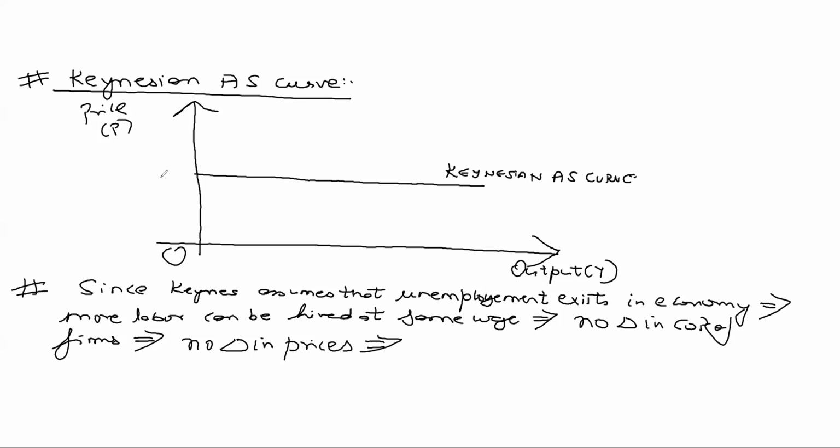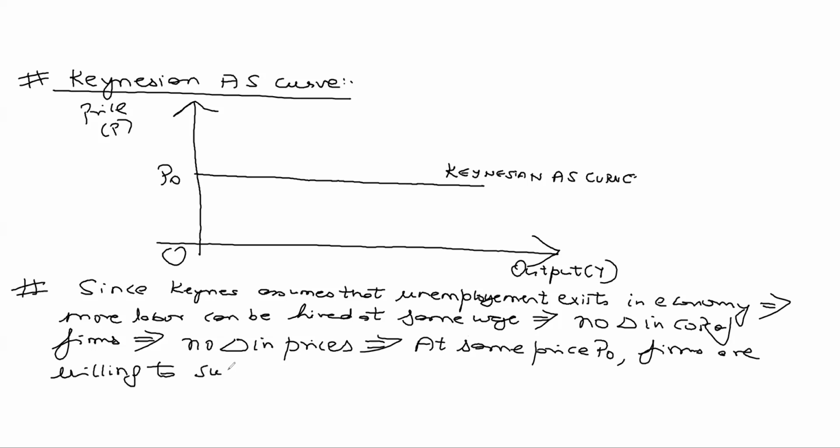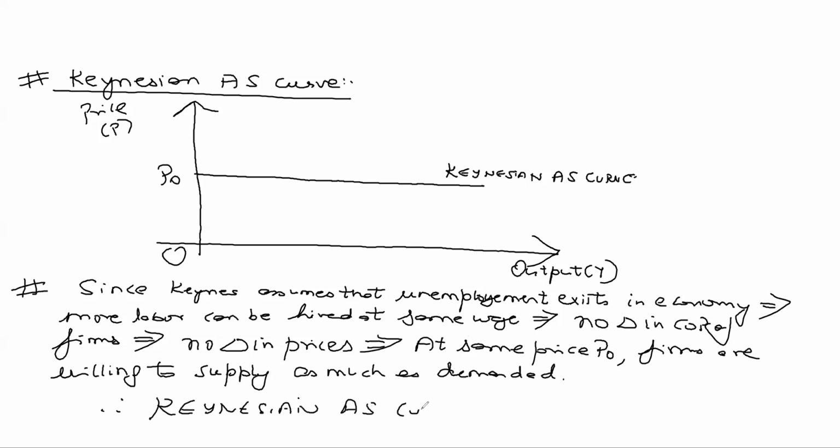This implies that at the same price P0, firms are willing to supply as much as demanded. Therefore, the Keynesian AS curve is horizontal.